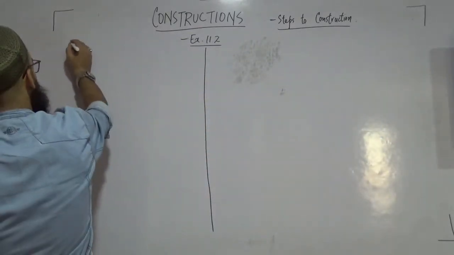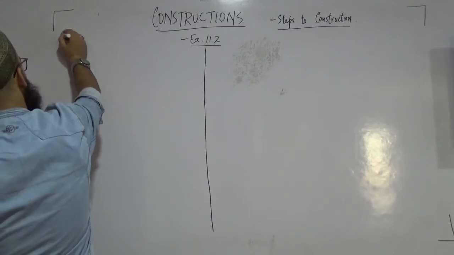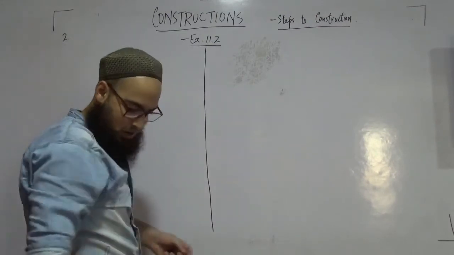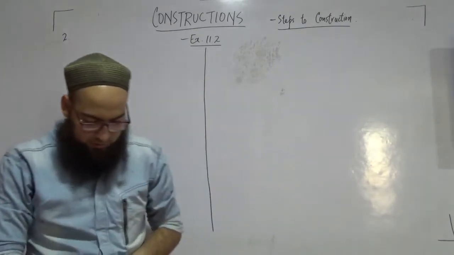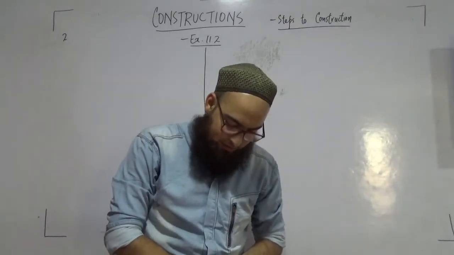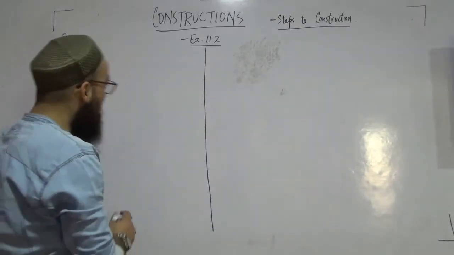Now question number 2. Question number 2 says construct a triangle ABC in which BC is equal to 8 centimeter, angle B is equal to 45 degree and AB minus AC is equal to 3.5 centimeter.